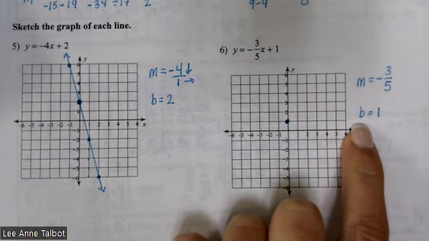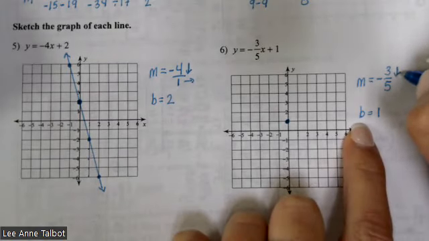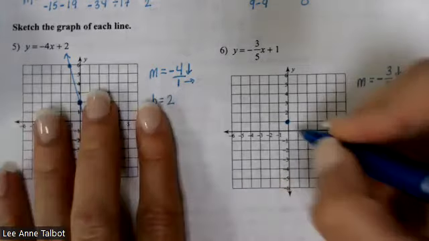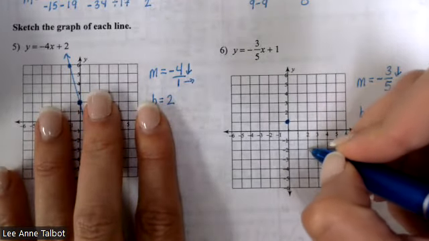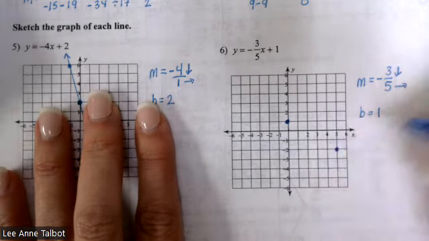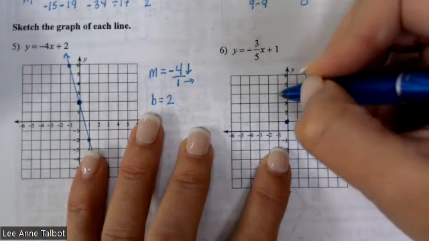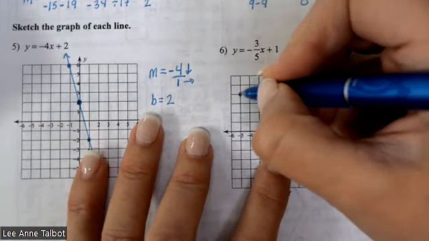And then this is already a fraction, which is good. So it's negative. So I'm going to go down 3 for every 5. So down 3 over 5. And then I like to backtrack for my ruler, up 3, back 5.